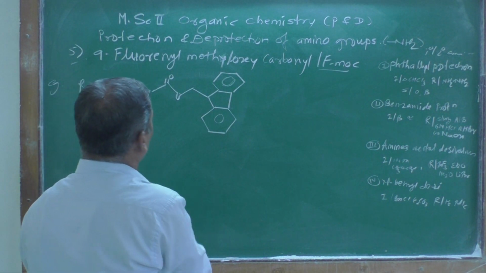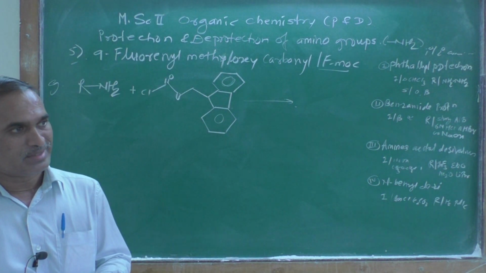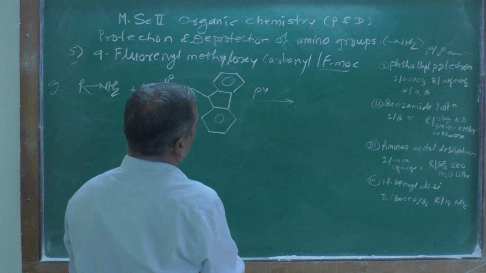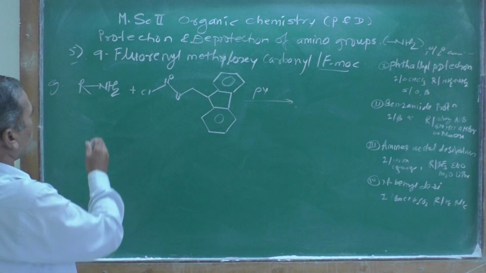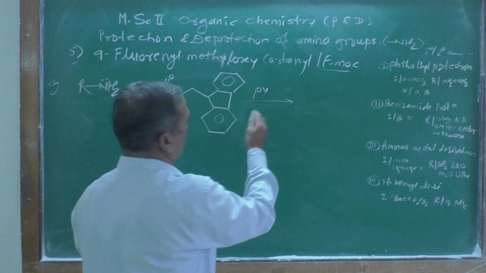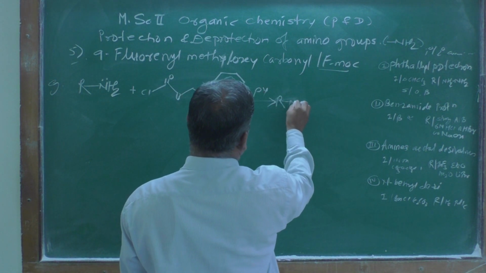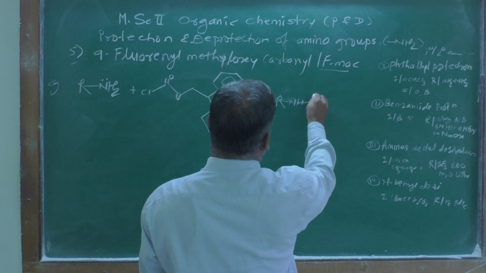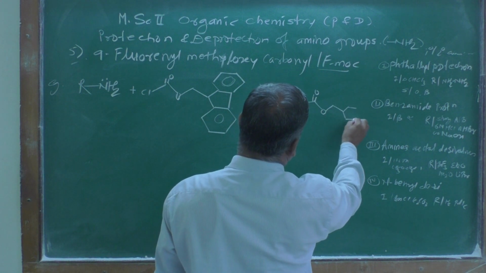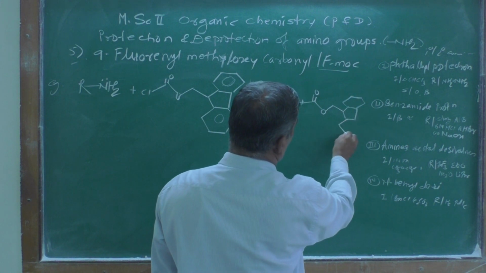Now what is going to happen here? Under basic condition, normally triethylamine, or you can use pyridine as a base, the lone pair on the nitrogen attacks, and you get the product RNH, C double bond O, CH2, the 5-membered ring, attached with the 6-membered ring.